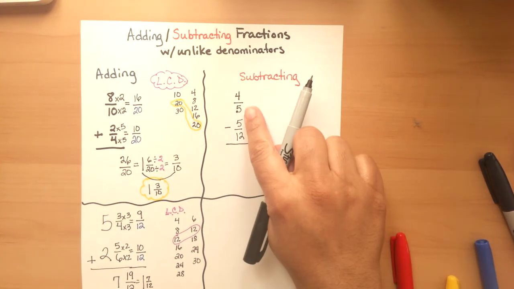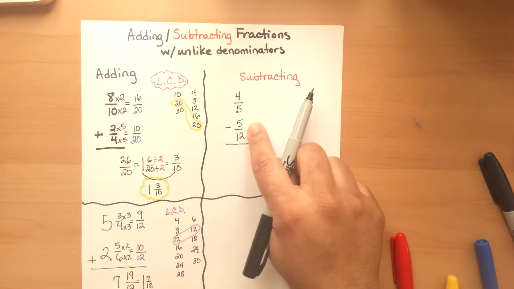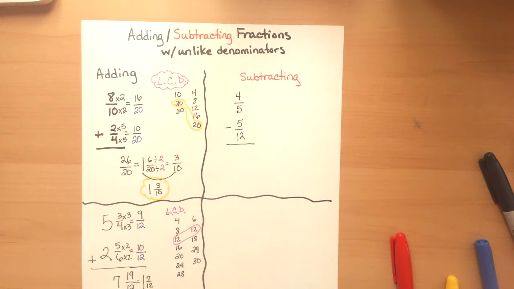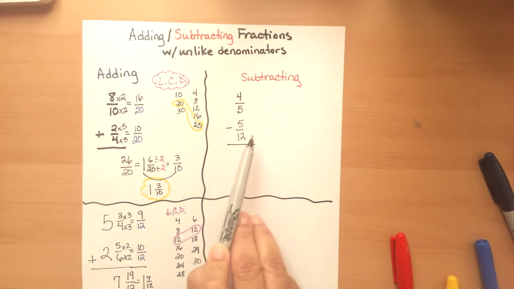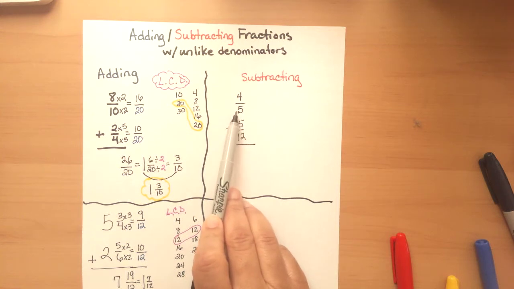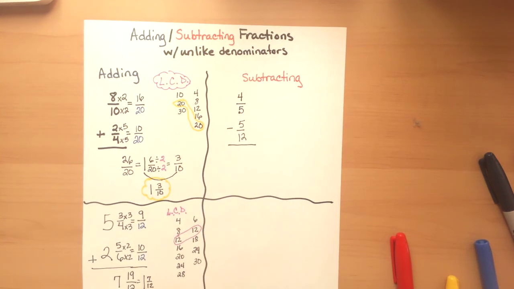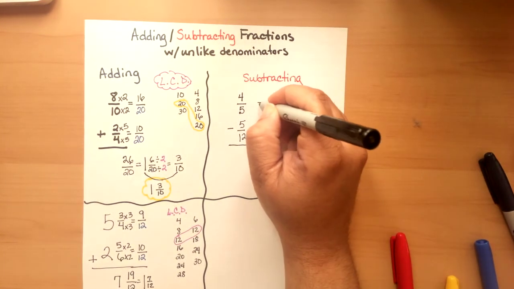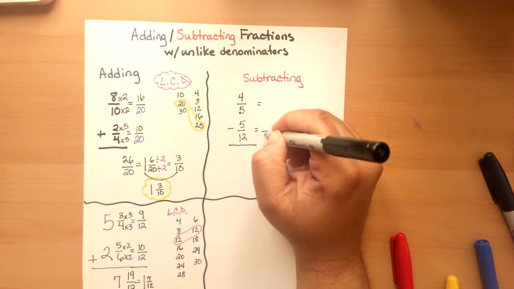Again, you should notice that your denominators are different, but this time they don't have anything in common. 5 is not a factor of 12, or 12 is not a factor of 5, so I can use that quick method of simply multiplying the denominators together. When you multiply 12 times 5, you get, correct, 60.